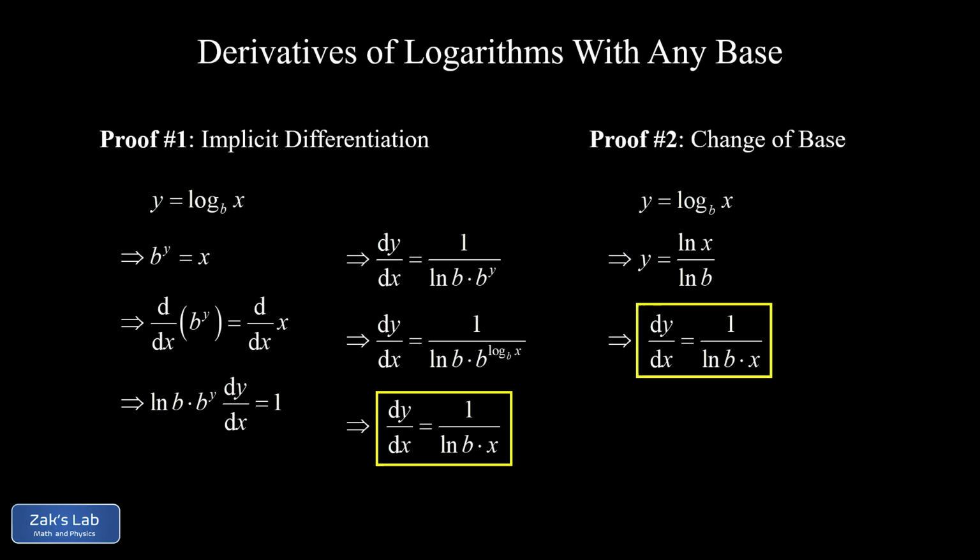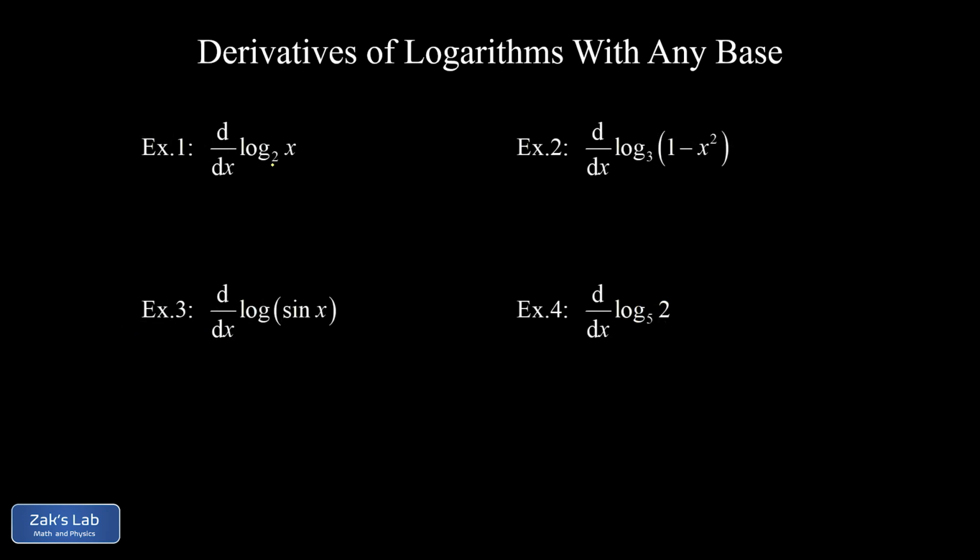So now that we know how to differentiate logs with non-standard bases, we'll wrap it up with a few simple examples. In our first example, we have the derivative of log base 2 of x, and this is just a direct application of our new formula. That's going to be 1 over natural log of 2 multiplied by x, and we're done. Our next example incorporates the chain rule. So I have log base 3 of this function 1 minus x squared.